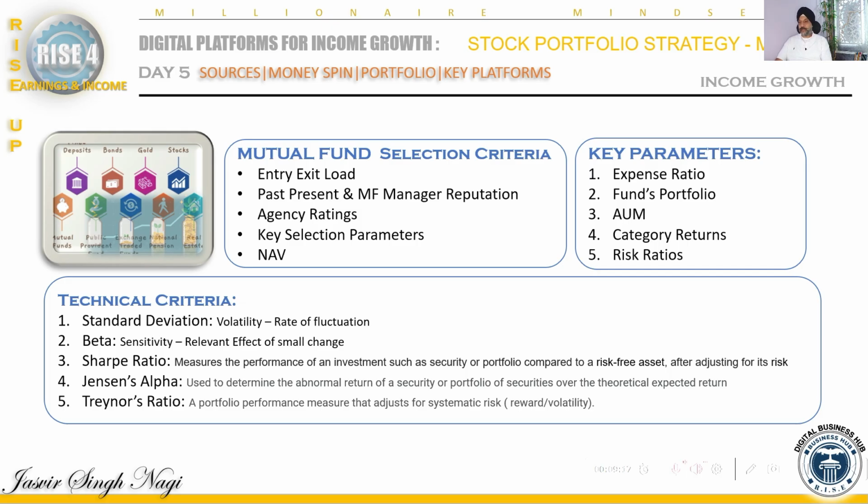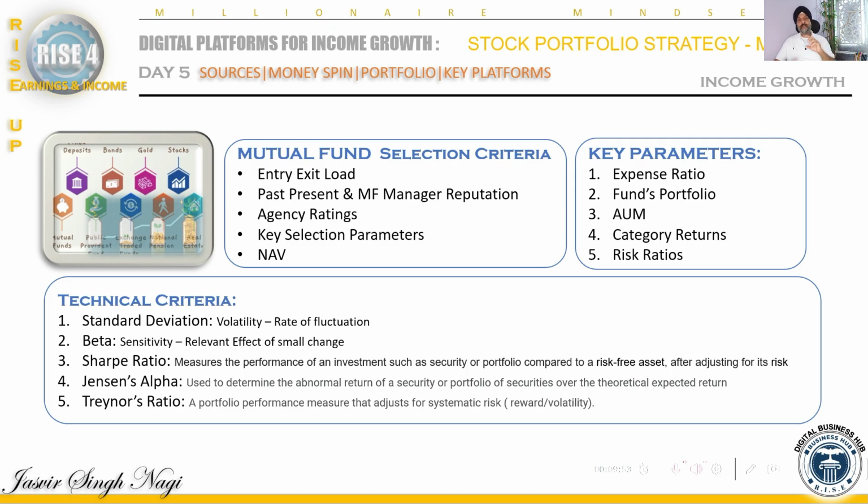Then there's Treynor's ratio, right? A portfolio performance measure that adjusts for systematic risk. The typical example is reward against volatility, right? So there will be certain criteria mentioned to you: an anticipated outcome of so much, and the expected volatility of so much. Incidentally, for people who don't know, VIX, the Indian VIX or the international VIX, is the fear index, right? Fear means how much fluctuation there is within the overall stock market or a particular stock, and so on.